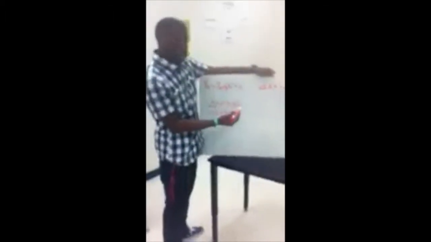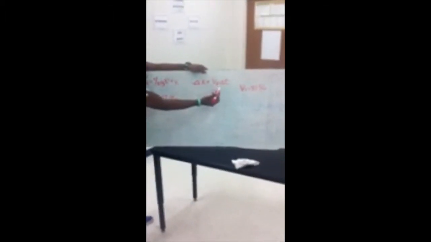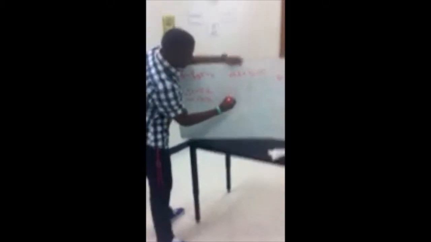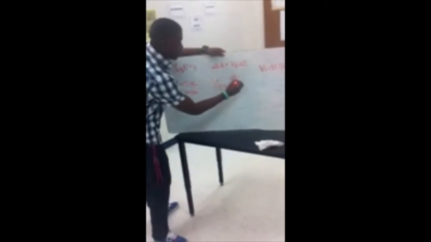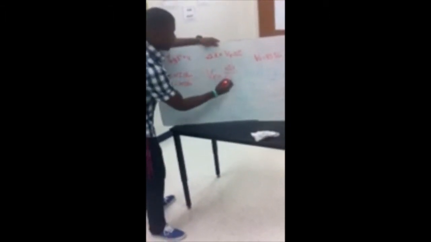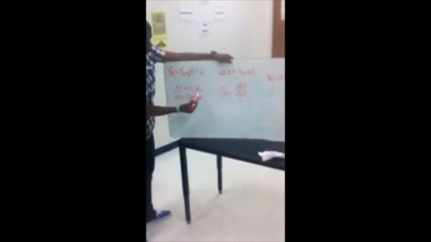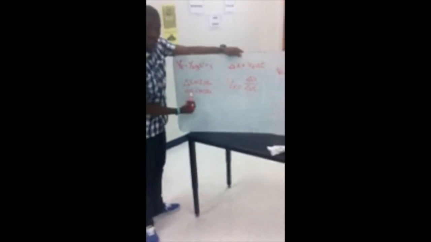To find velocity, we use the change of position equals the velocity times change of time equation. So velocity equals change of position over change of time. We use 12.18 meters for change of position and 0.1428 seconds for change of time.